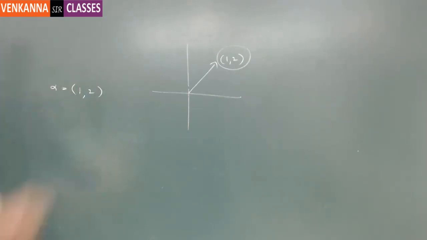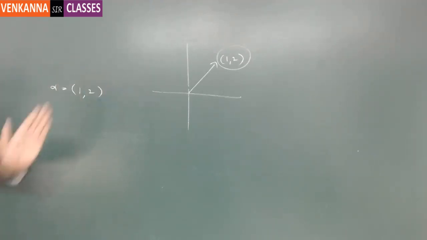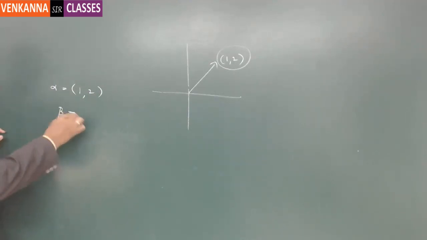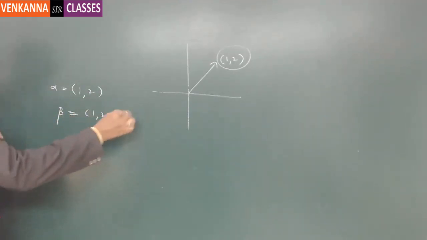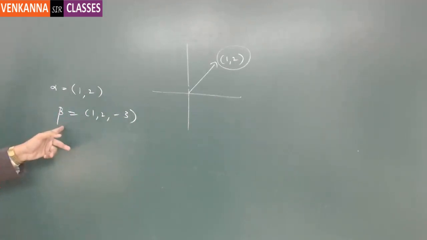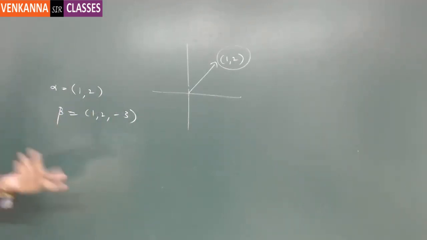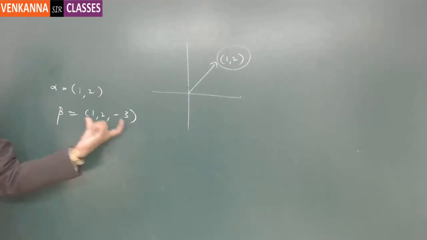If I write alpha is equal to (1, 2), it means it is a vector in two-dimensional geometry passing through the point (1, 2). If I write that beta is equal to (1, 2, -3), it is a vector in three-dimensional geometry whose coordinates are (1, 2, -3). So typically the vector is identified by means of a point here.